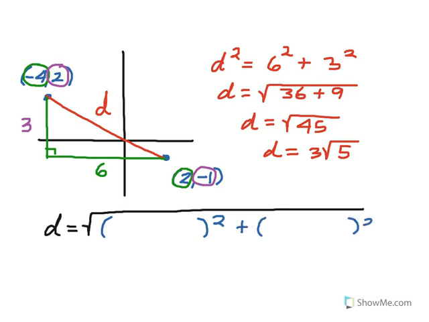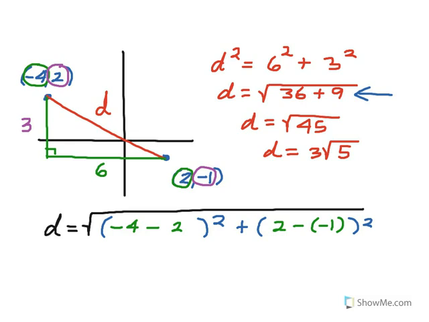Now, when we put that into a formula, if I take a look at this step right here, where I'm taking the square root of the sum of the squares of the legs, we would get the horizontal length of 6 by taking -4, subtract 2. And we would get the vertical length of 3 by taking 2, subtract -1.